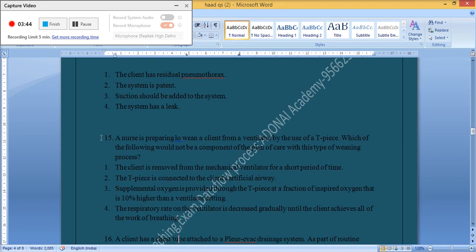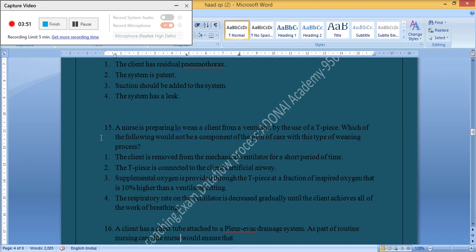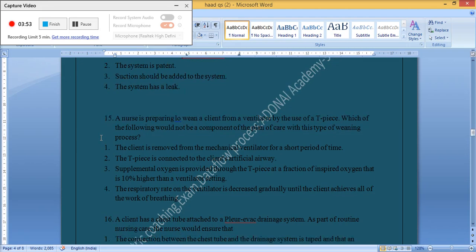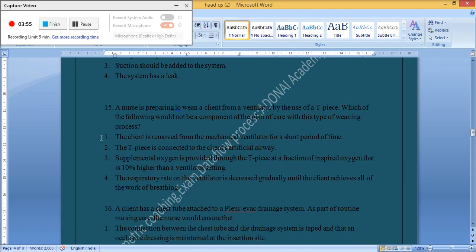15. A nurse is planning to wean a client from the ventilator by the use of a T-piece. Which of the following would not be a component of the plan of care with this type of weaning process? 1. The client is removed from the mechanical ventilator for a short period of time. 2. The T-piece is connected to the client's artificial airway. 3.